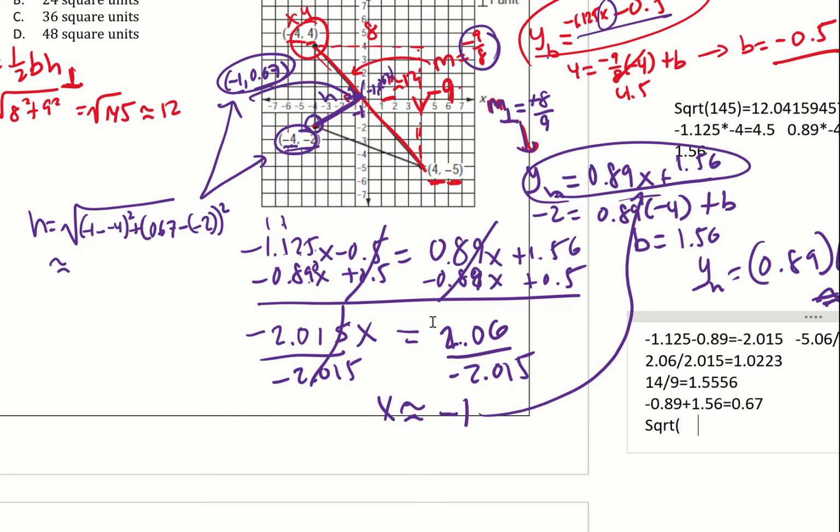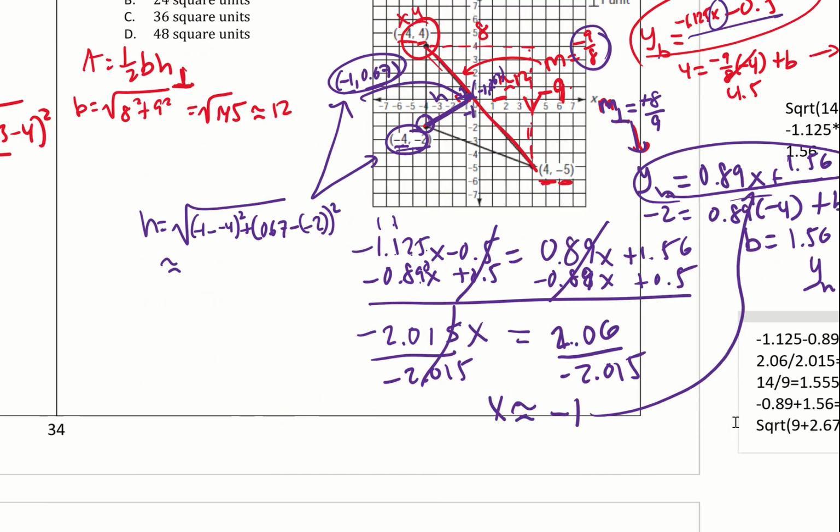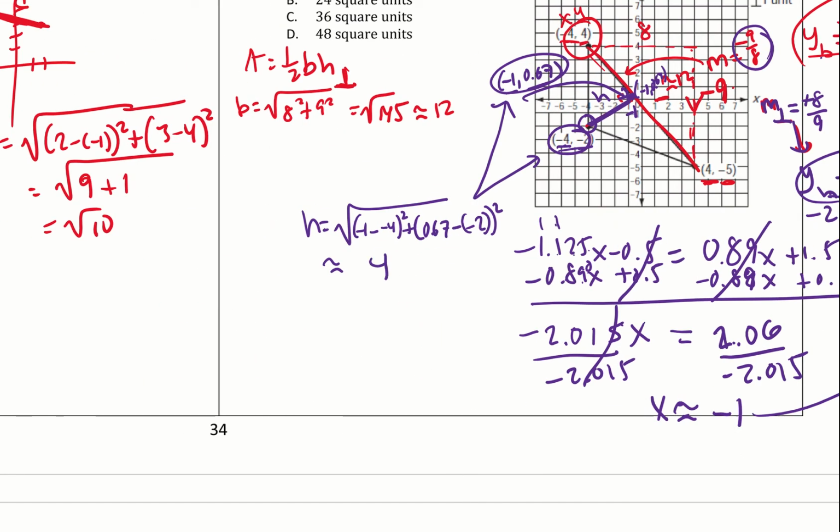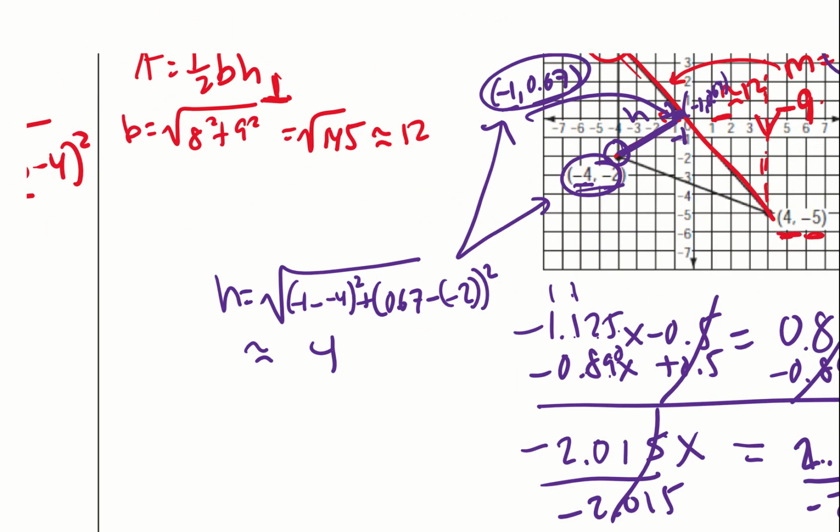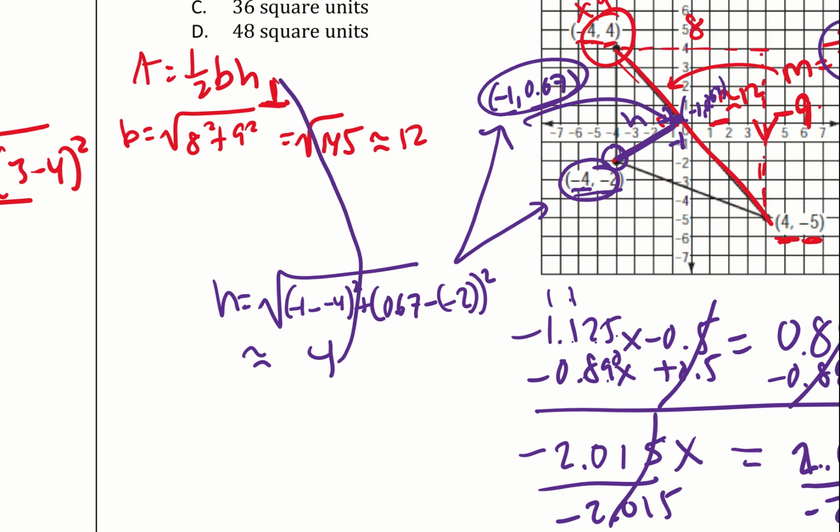And then for the decimal part, that's going to be 0.67 plus 2, so it's going to be 2.67 squared. And we get about 4. Okay, so approximately 4. Finally, we got about 4. So now we can plug it in and finally get our area.